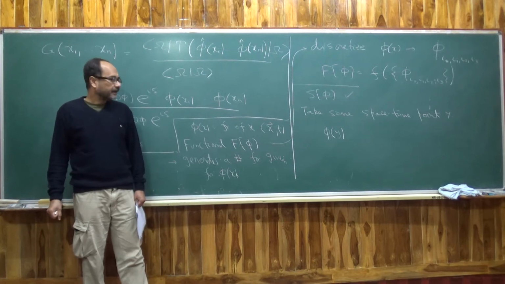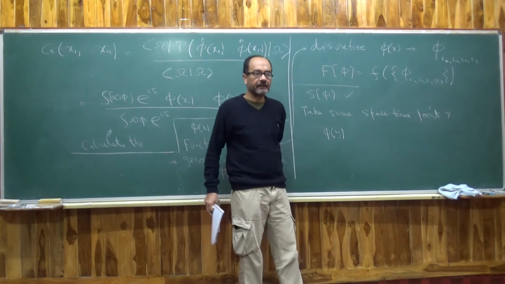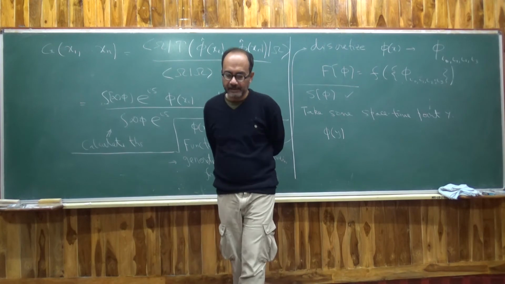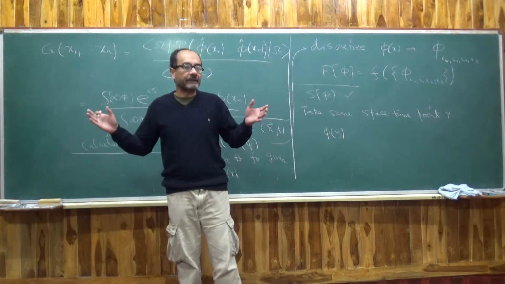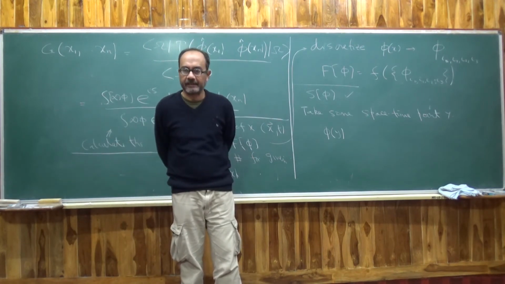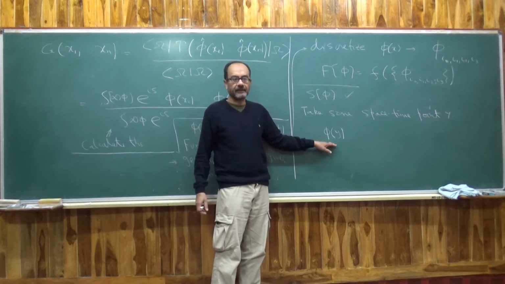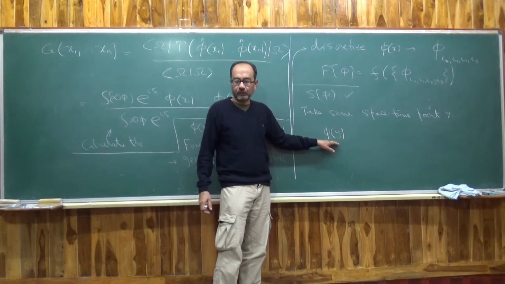What should a functional do? It should generate a number for a given function phi of x. Suppose I give you phi of x, a function e to the x squared. Does this generate a number? Yes, at the fixed point y, this is a number. So this is also a functional.